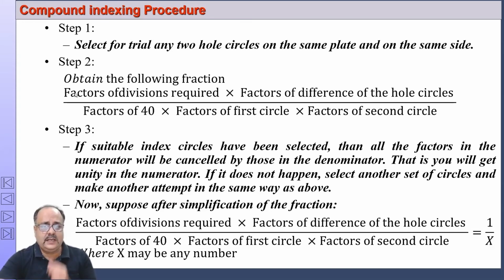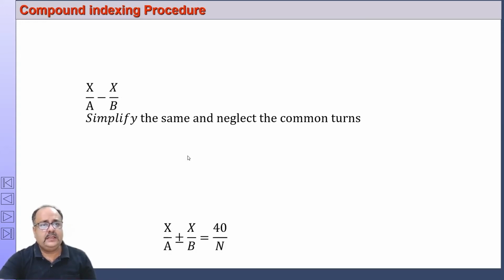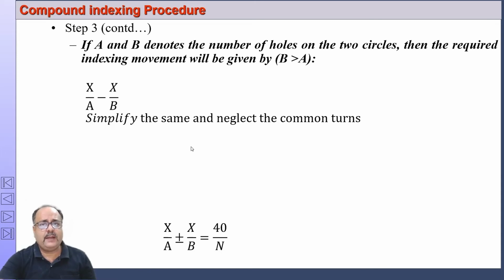So let me show you an example, then you will understand better. After this step is done, what we have to do is find out this 1 by x. We get x by a minus x by b, where a and b are the 2 hole circles we have selected and b is greater than a. So if we selected, let's say, 23 and 33 hole circles, then it will be x by 23 minus x by 33.